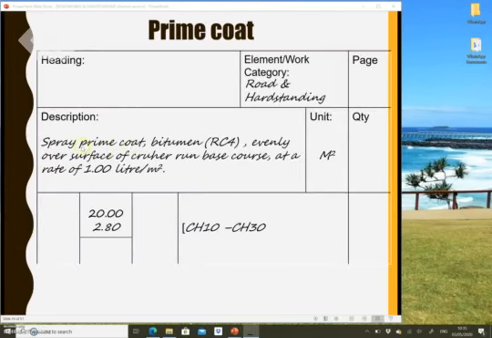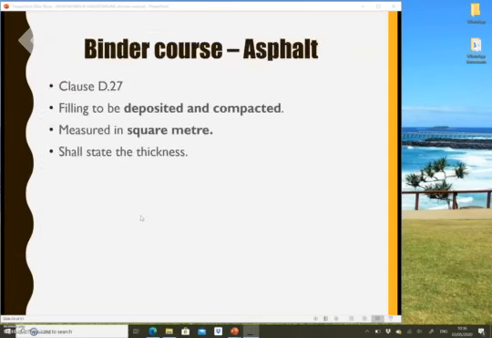This is what we need to do on site, using bitumen evenly over the surface of the crusher run base course at a rate of 1 liter per meter square. The quantity, if you realize, we just adopt the previous quantity. So it's very straightforward.